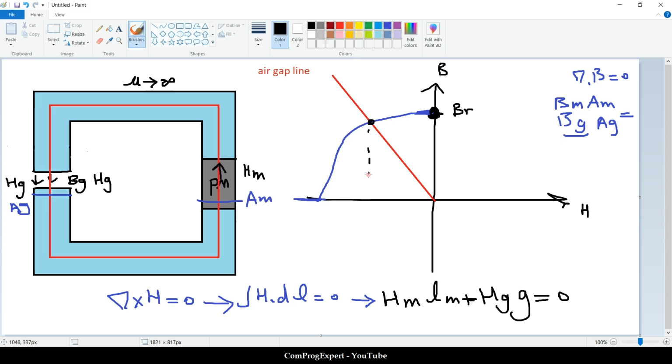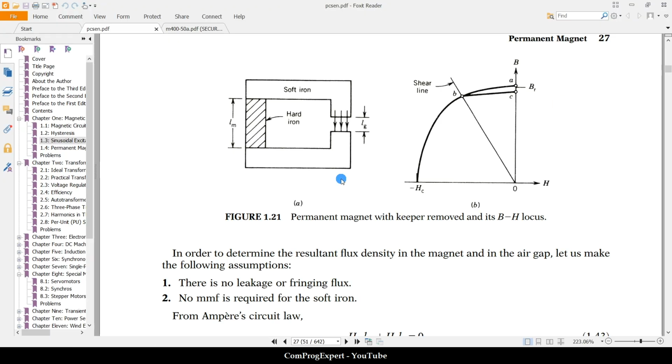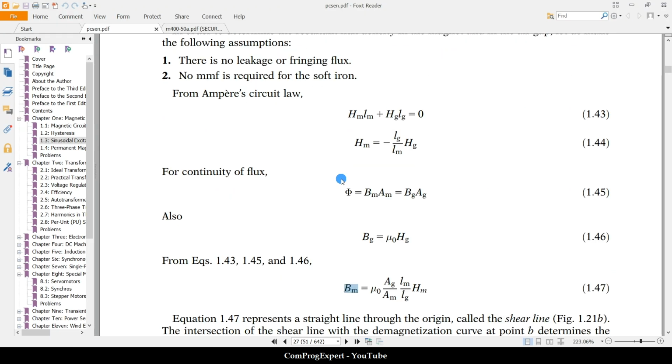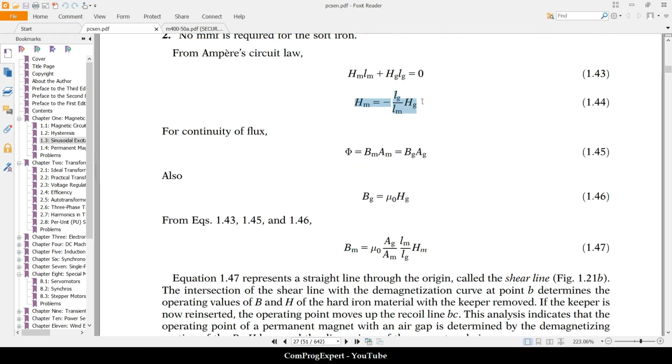What is the value of HM here? HM, and the value of BM will be equal to these two numbers. This is the HM and this is the value of BM. Okay.